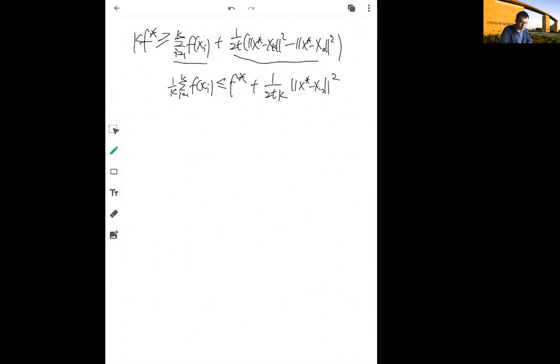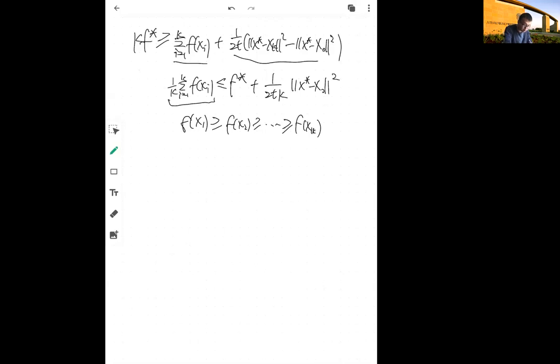Okay, so the only thing that remains is how do we connect the left-hand side with xk? xk is the last iterate. So notice that by the descent lemma, we know that f of xi, as i gets larger, decreases monotonically. So f of x1 is larger than f of x2, larger than f of xk.